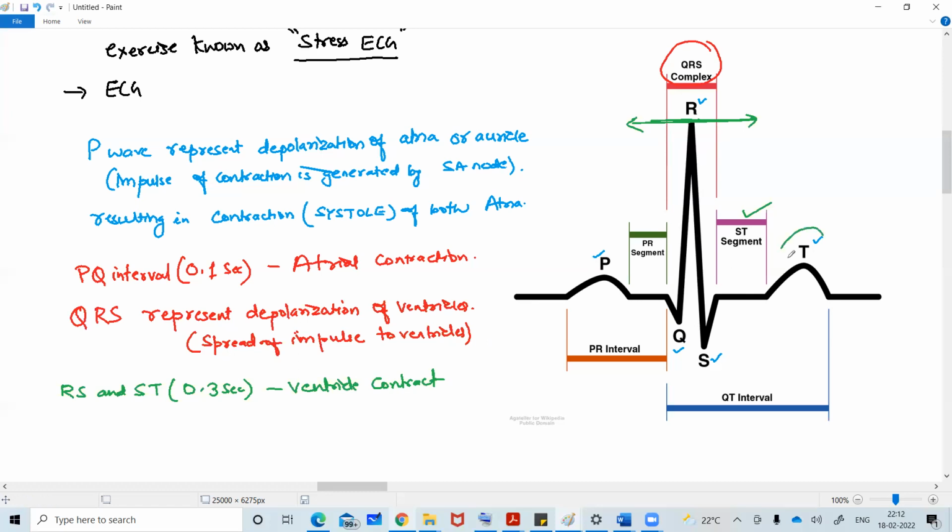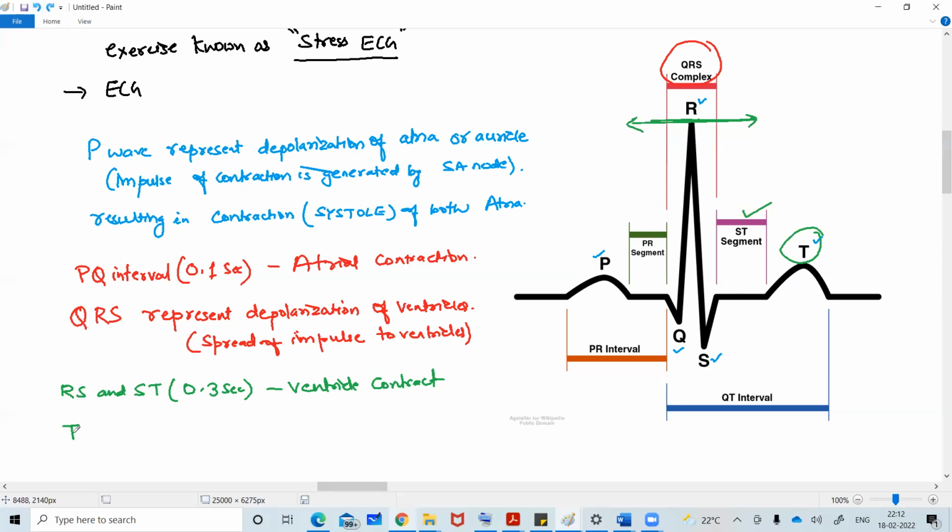Next is the T wave, this one. Let's talk about P, R, and T, or let's discuss the T wave first, because the T wave suggests that now the membrane is repolarizing. So you can say after contraction, the ventricles are getting repolarized. That's why the graph is slightly going up.